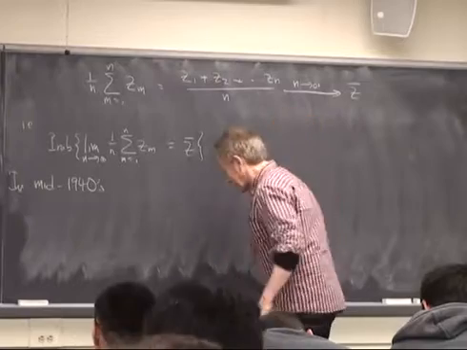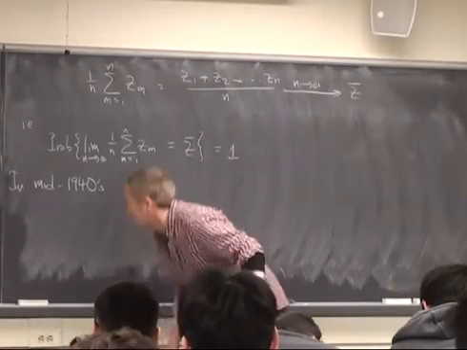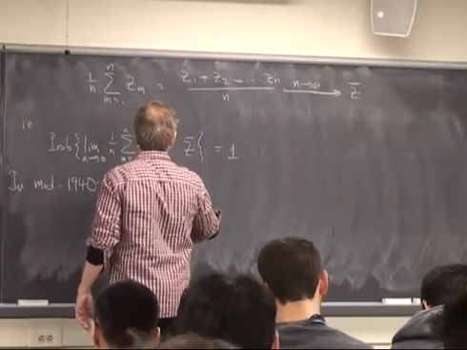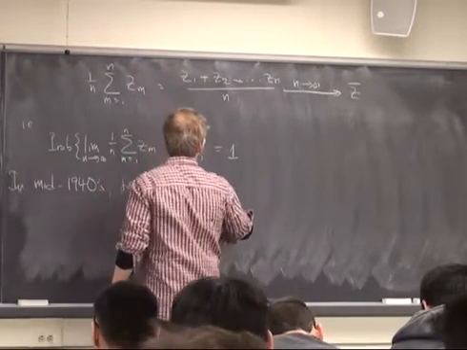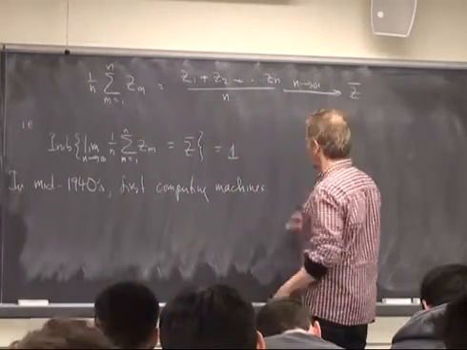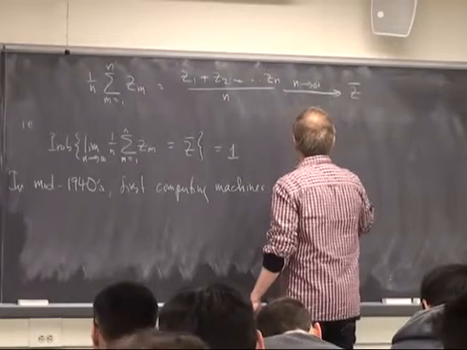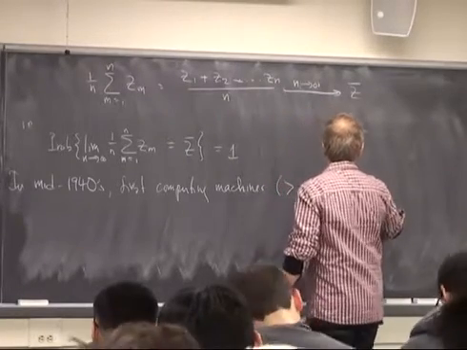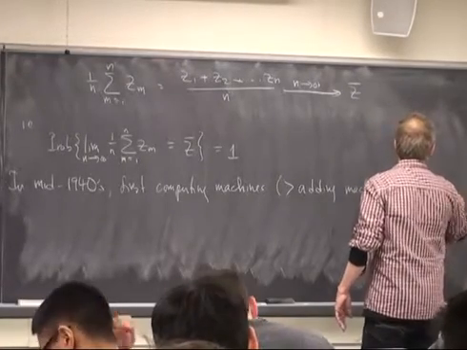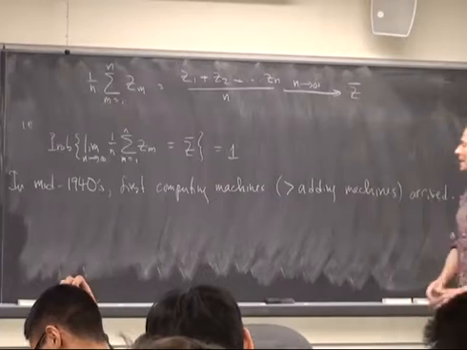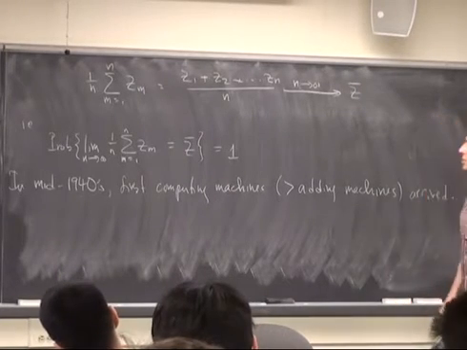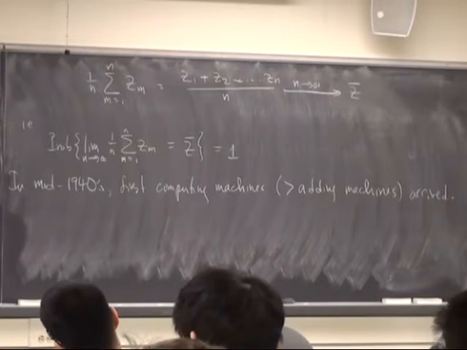In the mid-1940s, the first electronic computers, so the first computing machines, not adding machines, but bigger than, say, adding machines, which were around for a long time, arrived on the scene. Okay? And John von Neumann was one of the first guys to build these things. There's a great history of where these came along.